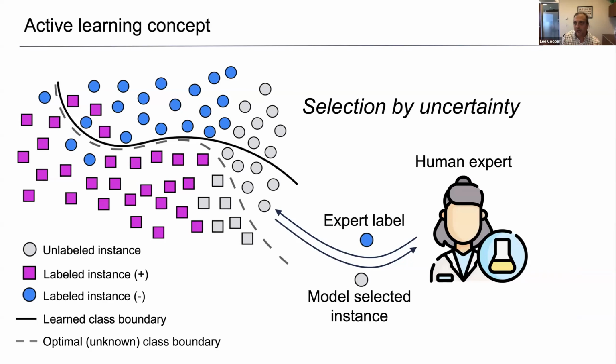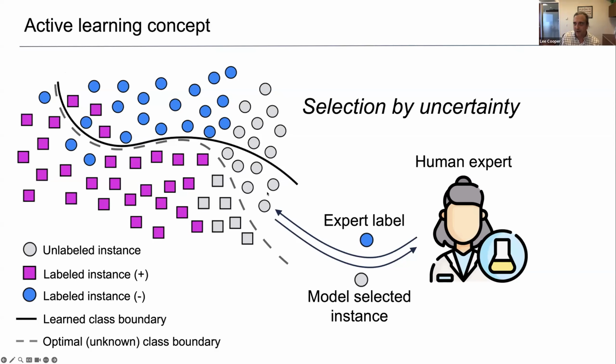Through iterating through this process, the model is able to identify examples where it feels uncertain, show those to the human expert, and then converge more rapidly towards an accurate solution. Here we're showing a diagram where we have an optimal but unknown class boundary shown as this dashed line, and a model solution, which is shown in black there.